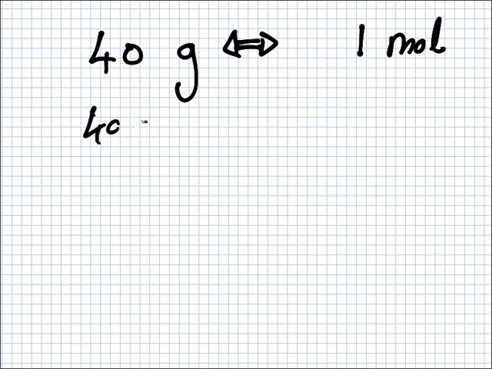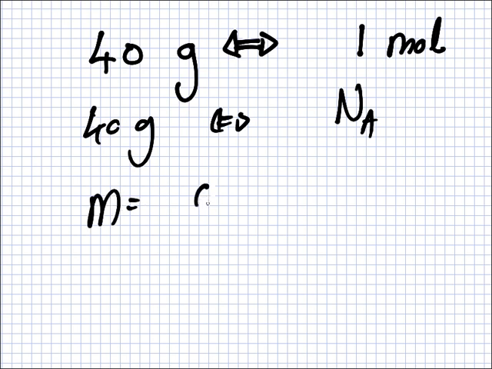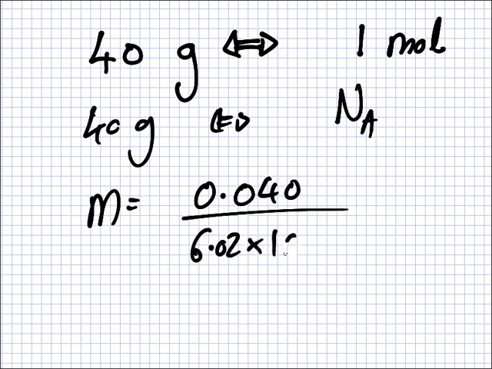So 40 grams is the mass for 1 Avogadro's worth of the atom. So the answer is simply 0.040 divided by 6.02 times 10 to the 23. Done. That's the mass. You know this from chemistry, right?